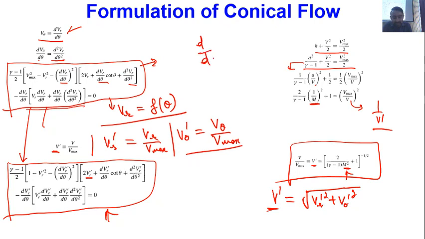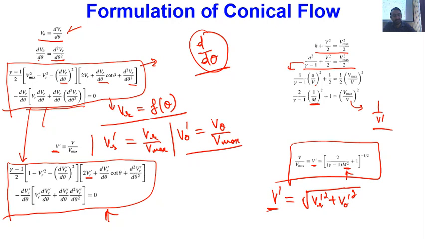That's why wherever we had del by del theta in the initial formulation, I can replace it with d by d theta. Though it is an ordinary differential equation, it still has non-linear terms, so due to this non-linearity I cannot find its closed form or analytical solution. So if we have to solve this equation, we have to go for a numerical procedure.